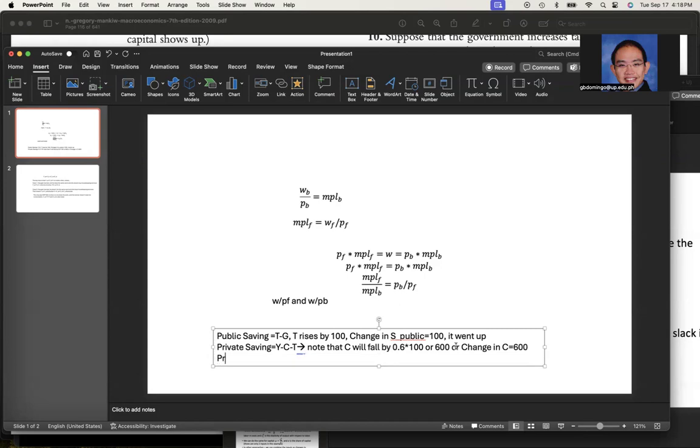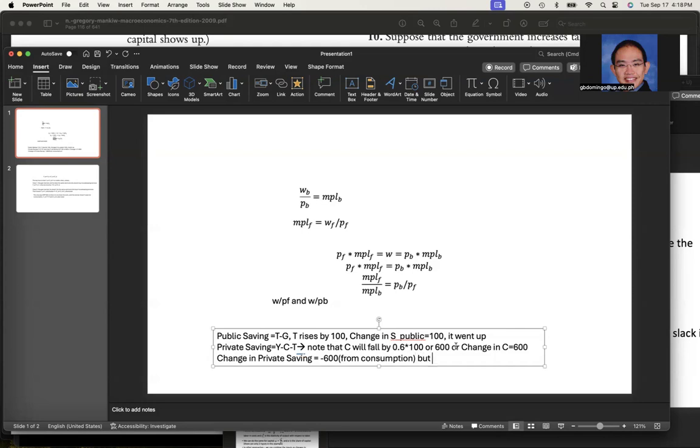And therefore, the change in private saving is going to be negative 60. That's coming from consumption, because consumption will fall because disposable income will fall as taxes went up.